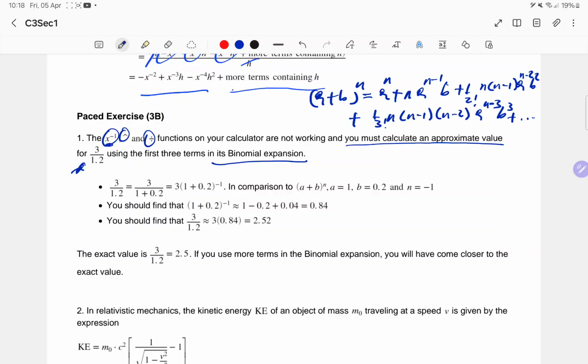It continues. But we are interested in using the first 3 terms.